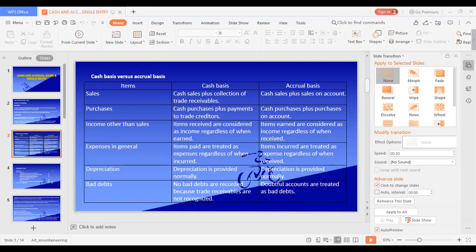So we now debit sales and credit retained earnings. Now that's for 2019. Then for 2020, we debit accounts receivable 250,000 and credit back to sales.